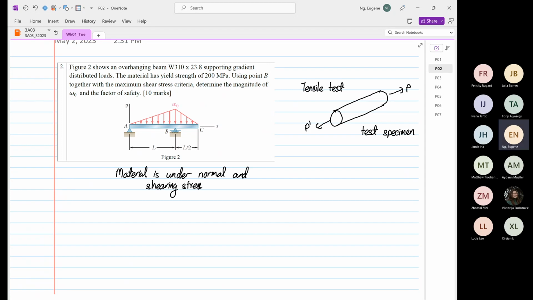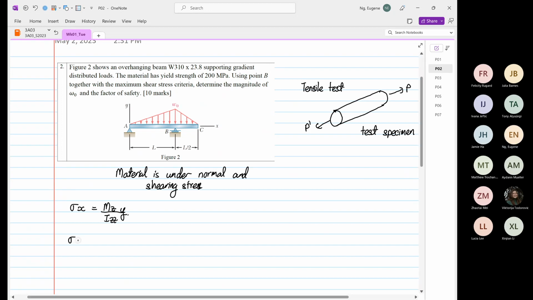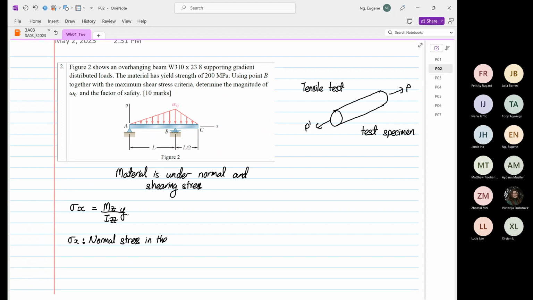Okay, so the normal stress over here, I'll call it sigma X, is equal to moment in Z over IZZ multiplied by Y. That is the normal stress. So sigma X, I will define this as the normal stress in the x direction.